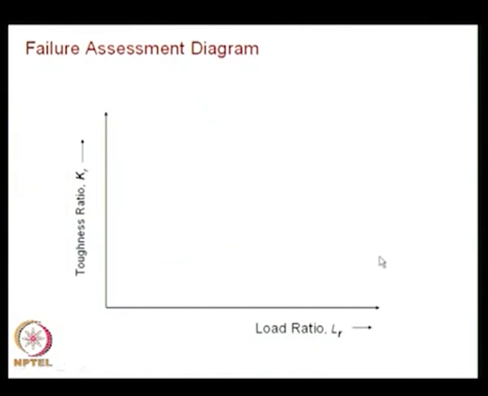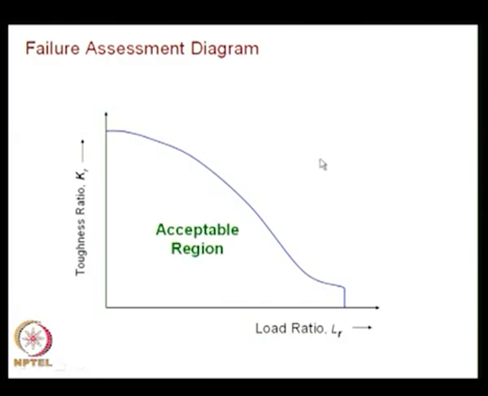But later on people extended this by considering strain hardening, and the curve was also different, and we had seen the curve is dictated by various parameters and various ways you can get it. It is not simply a straight line from LEFM and a straight line from plastic collapse, and this curve you have to find out for a given application. It demarcates what is the acceptable region and what is the unacceptable region.